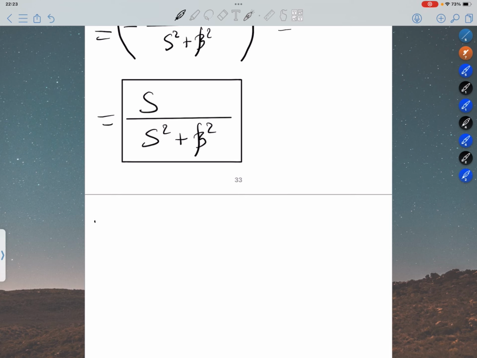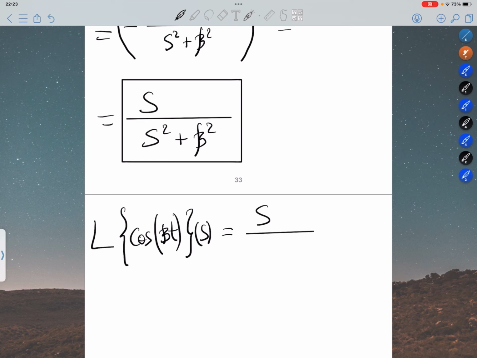So in conclusion, the Laplace transform of cosine of beta t is equal to s over s squared plus beta squared.